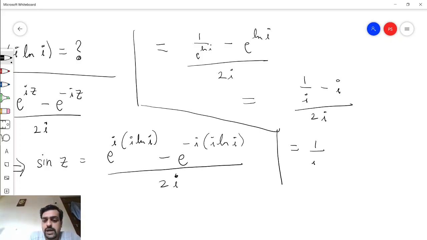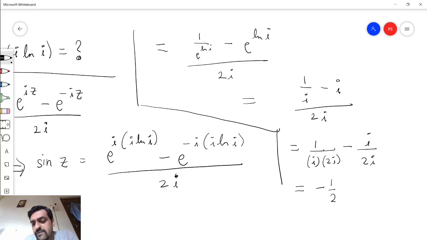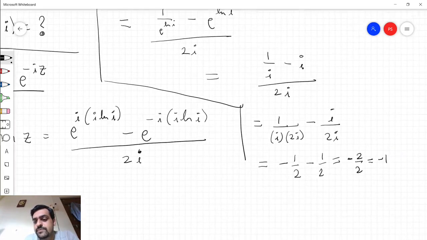Which is equal to 1 upon i times 2i minus i upon 2i, which is, now this i into i is i squared, which gives us a minus half, minus i goes with this i to get another minus half, so this will be minus 2 by 2, which is minus 1.